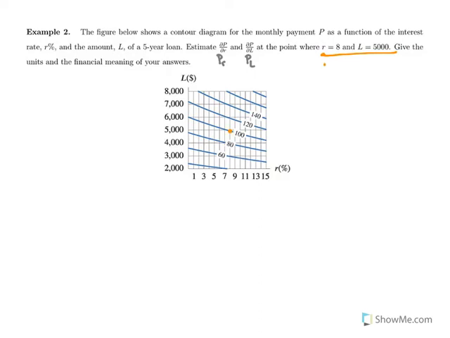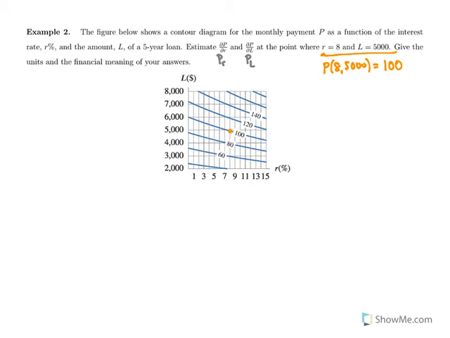And if we look at P of 8, 5,000, we should have a value of 100 because we're on that contour of 100. So that's saying a rate of 8% for $5,000 for a 5-year loan, then we should have a monthly payment of $100.